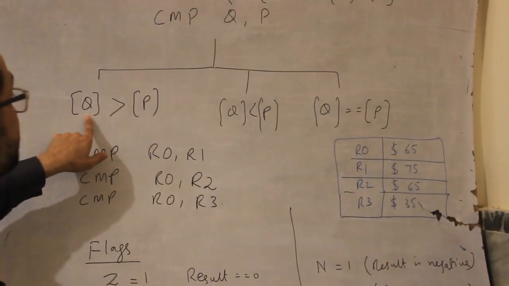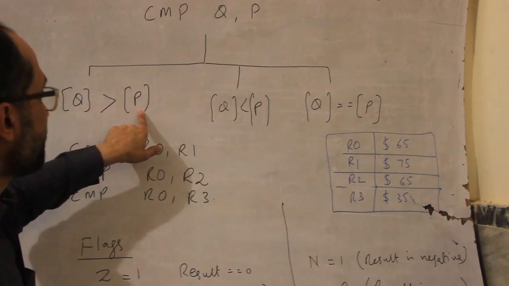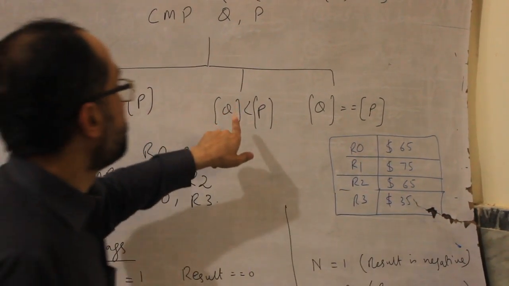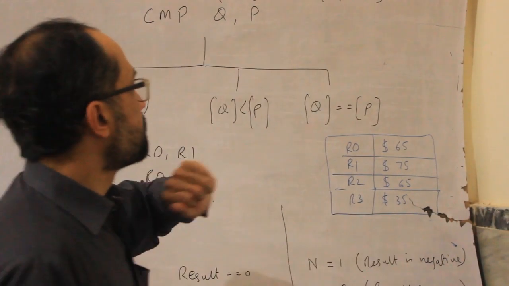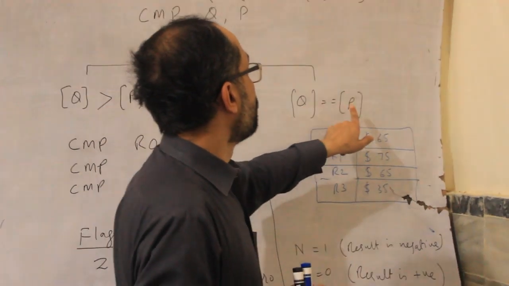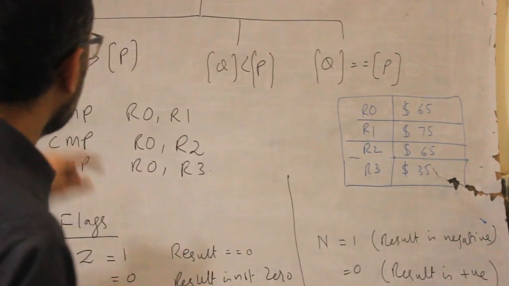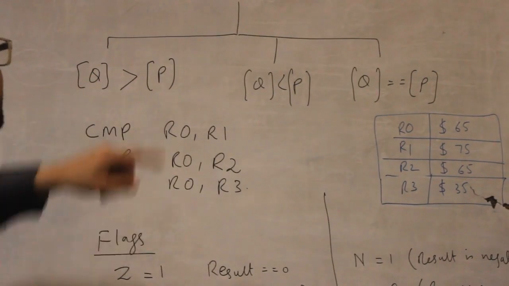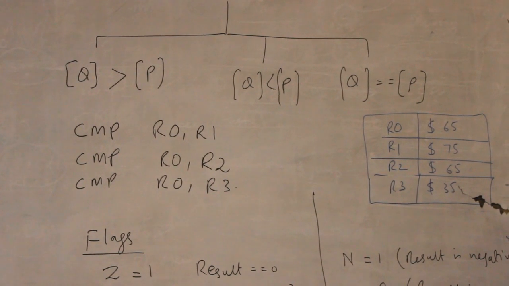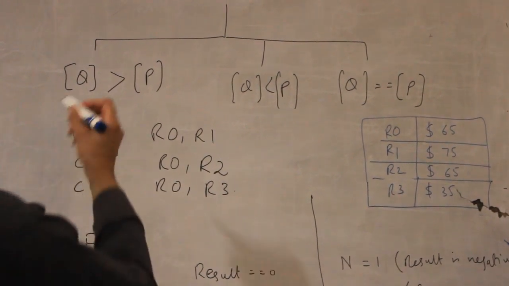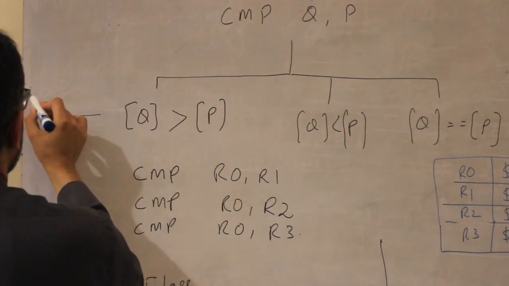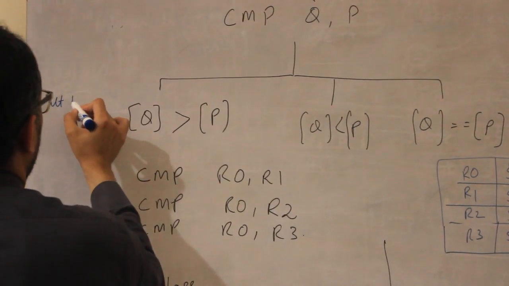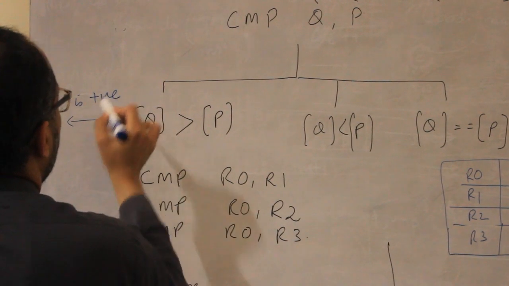There are three possible outcomes. The first outcome is when Q is greater than P. The second is when Q is smaller than P. And the third is when Q is equal to P. If Q is greater than P, it means that the result is positive.